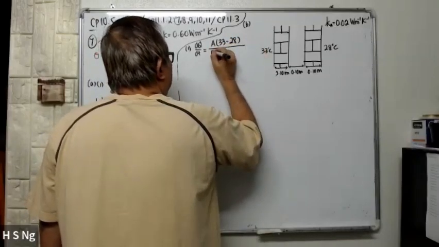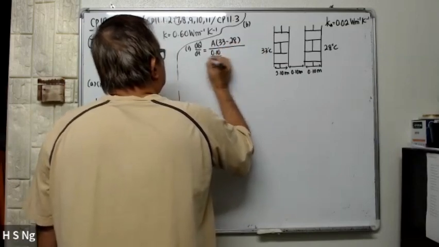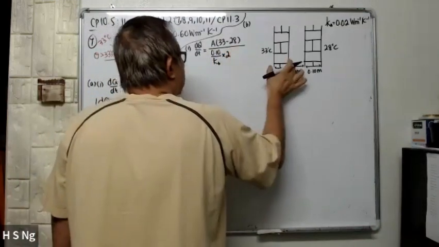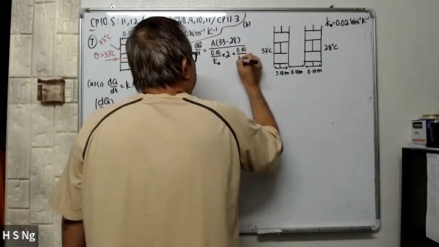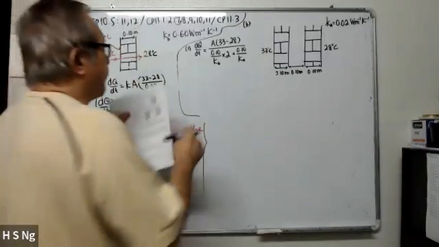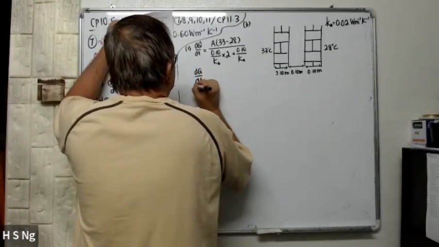Okay, and then 0.10 over K brick, 2 times because of 2 layers, plus 0.10 over K air. Okay. Now you get this, rearrange.